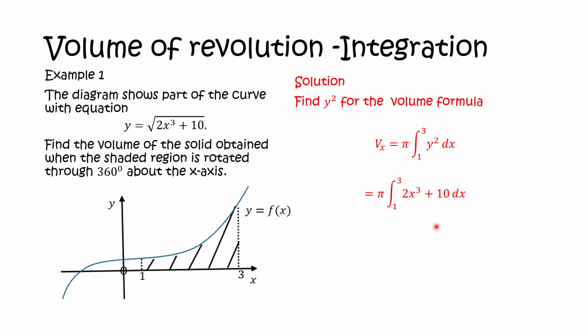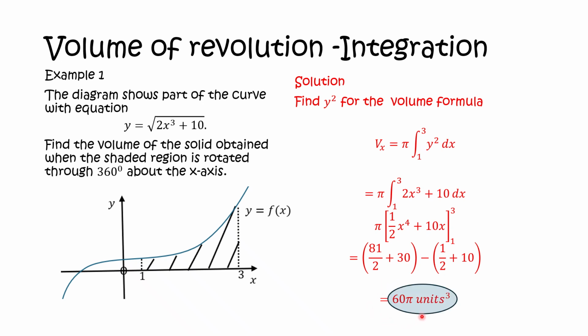So now this is easy to integrate because we are just integrating separately, so that we have pi times 1 over 2 x to the power 4 plus 10x. Then we substitute for x with the lower and the upper limit, starting with the upper limit, subtracting the lower limit, so that we get 60 pi cubic units.